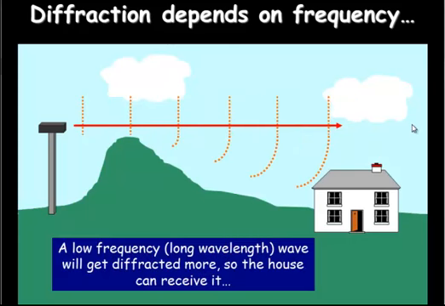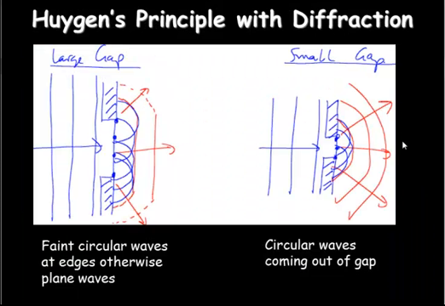But for longer wavelength broadcasting, because there's more diffraction, they'll be able to pick up either TV or radio at those longer wavelengths. So both of those points emphasize the fact that at a longer wavelength and a low frequency, there will be a greater amount of diffraction.